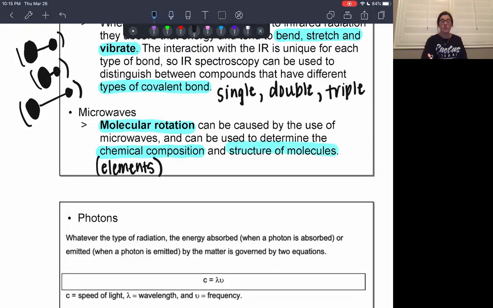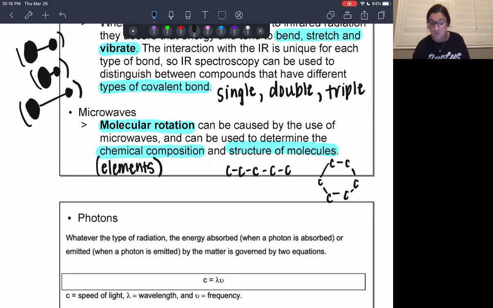So this could be answering a question along the lines of, how do I know if I have a molecule that is a chain of carbons versus a molecule that makes a hexagon of carbons?